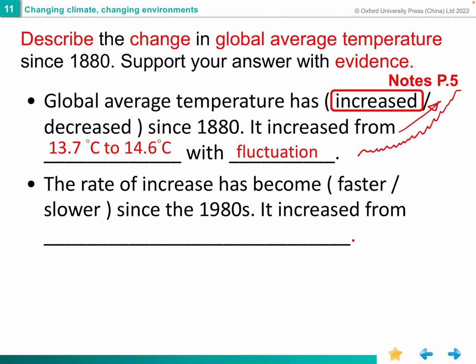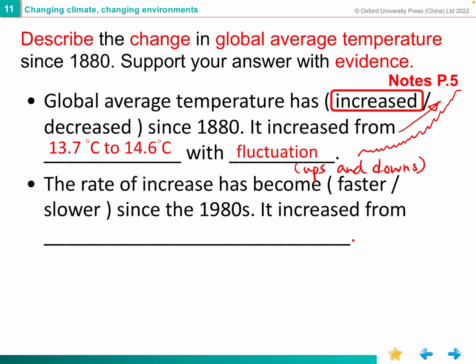We call it fluctuation. We call it some ups and downs. Overall it is increasing, but while increasing, we have some ups and some downs in the line.